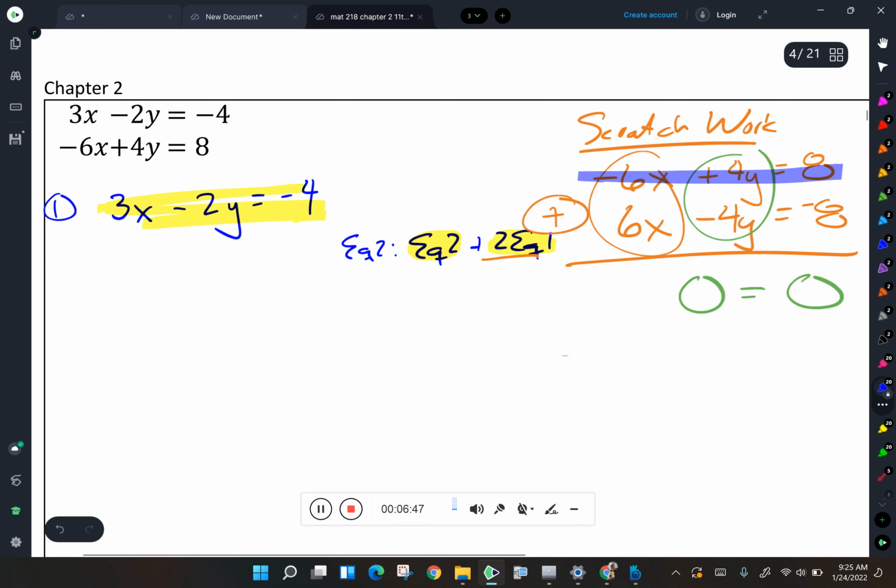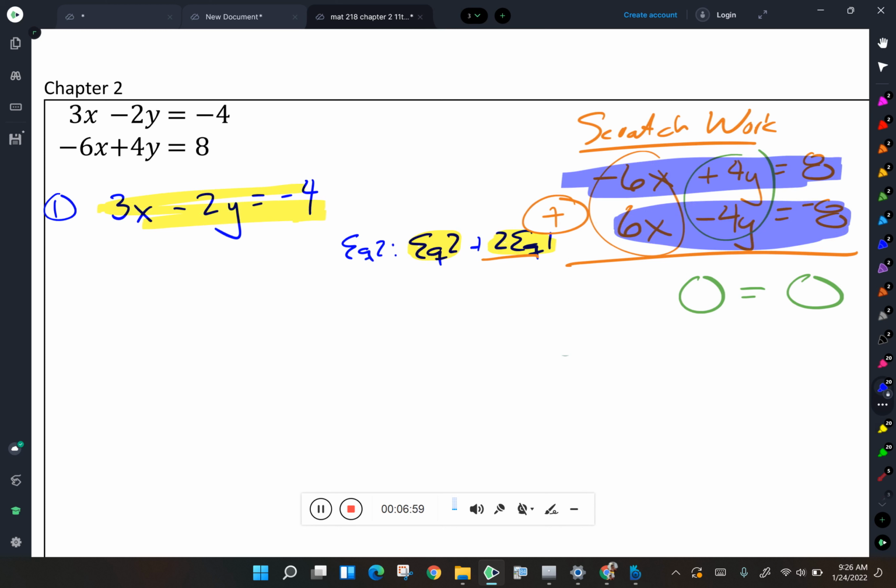That's equation number 2. I copied that correctly. That is 2 times equation number 1, so I did that correctly. -6, +6, 0, -4, +4, 0, -8, +8, 0. That's correct. So what does that mean?